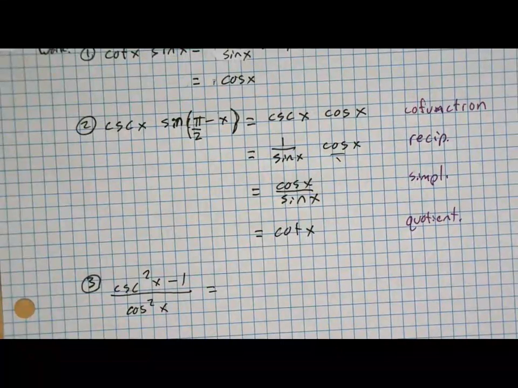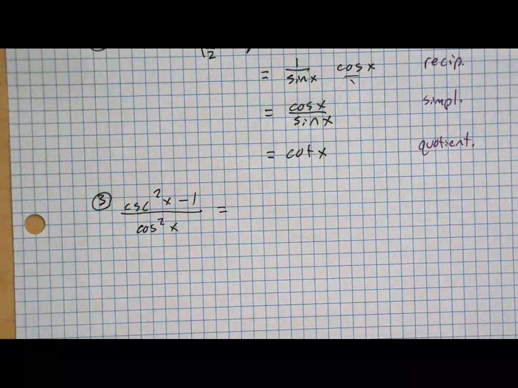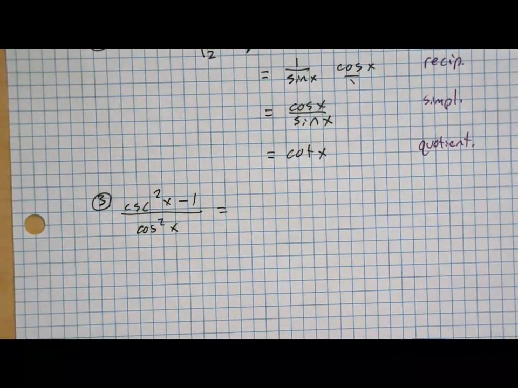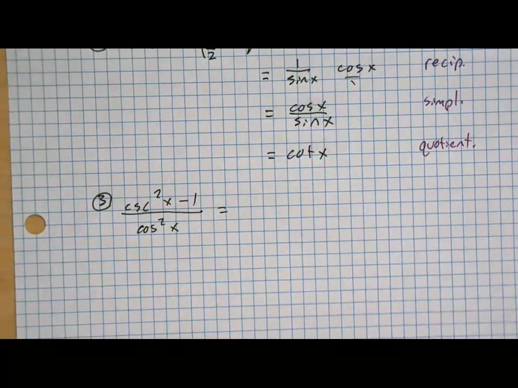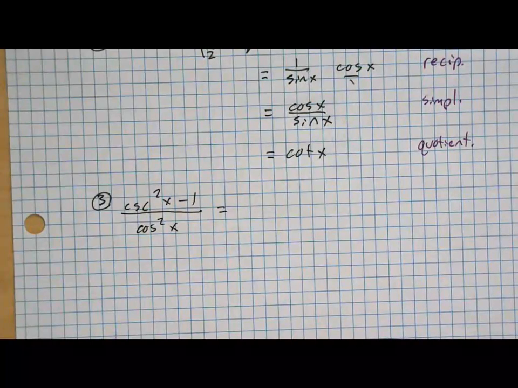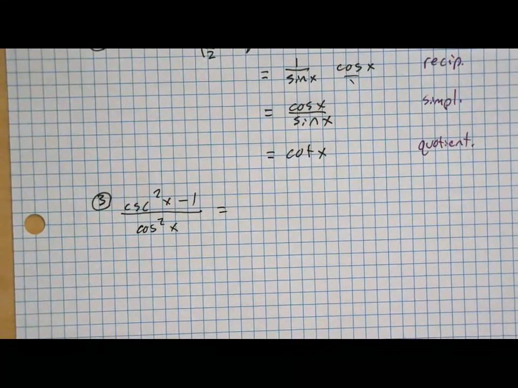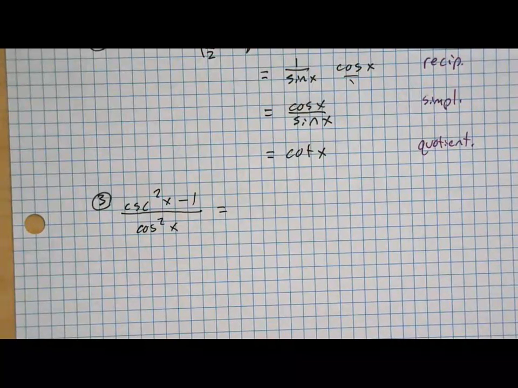As soon as I see those squares, I start thinking about a particular category of identities, just because I've seen so many of these. Which one does it make you think of? Of the top half of that sheet, where are you seeing squares? Pythagorean. I think we're going to use a Pythagorean identity in this one.